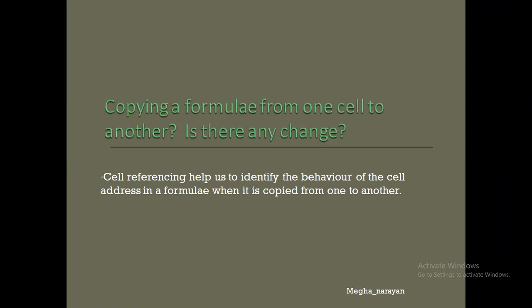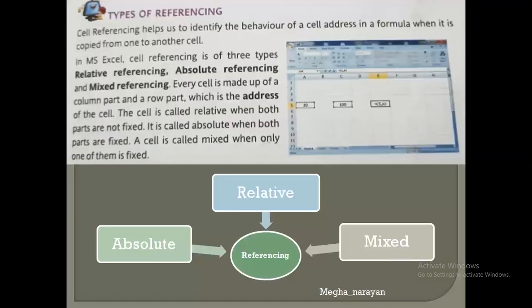In simple words, you can summarize it as: I copied my formula from one cell to another, now there are a few changes, and I can use cell referencing to identify what those changes are. Understood? Now we are moving towards the next topic.